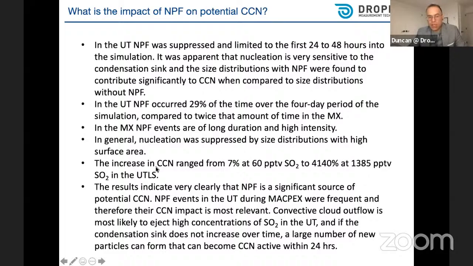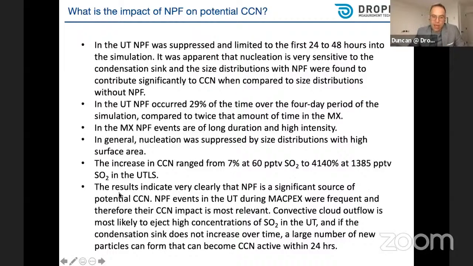In the simulation, the increase in CCN was significant, but it was very dependent on the concentration of SO2. So I got the SO2 data from another campaign. So I used various thresholds of SO2 in the simulation, but these SO2 values are relevant in the region. These are not exaggerated values.